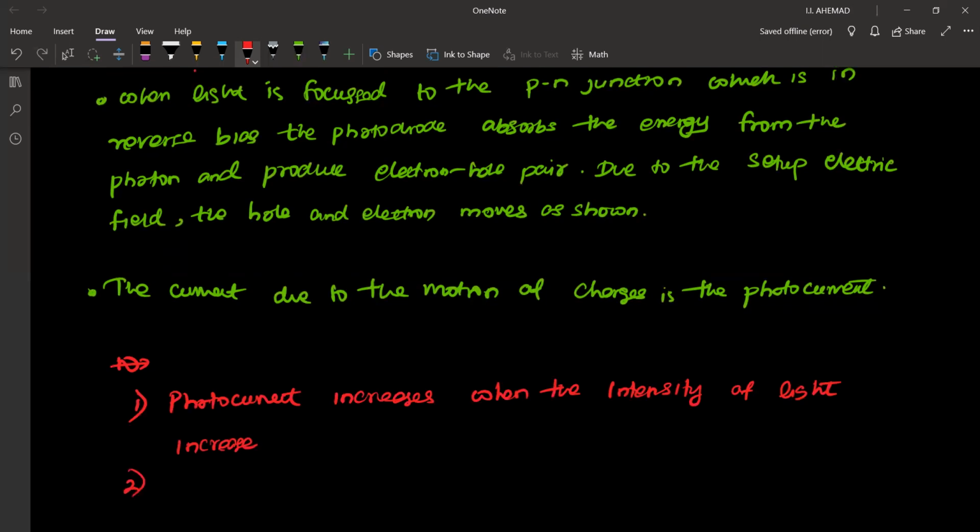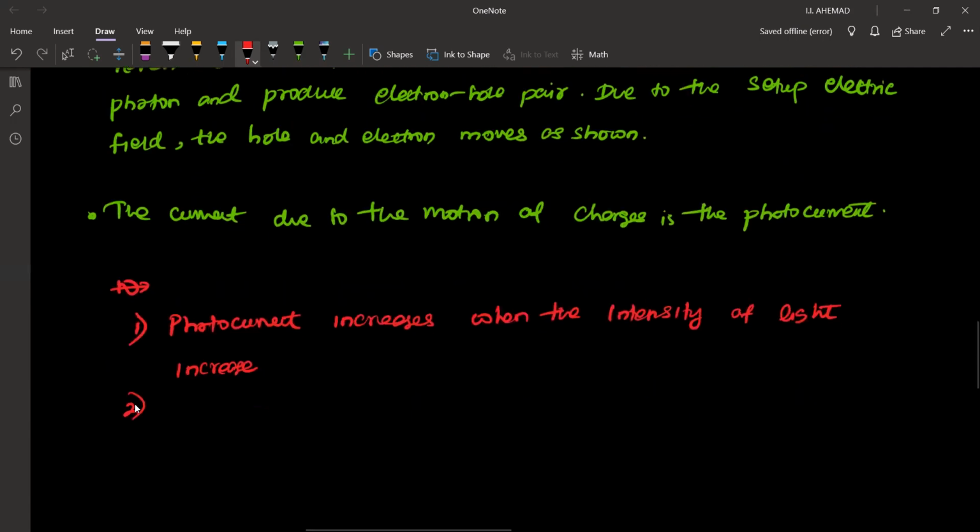Second, LDR is light dependent resistance, okay?